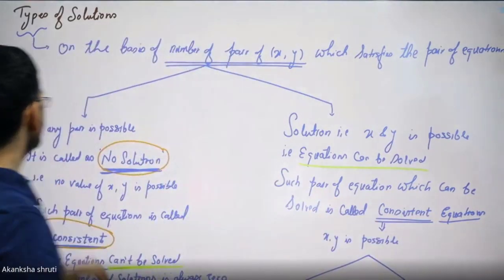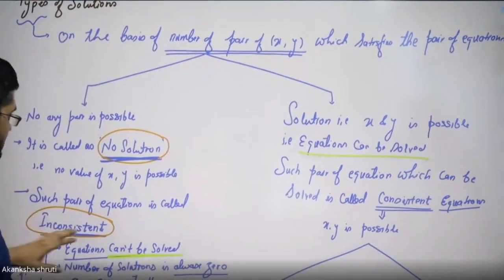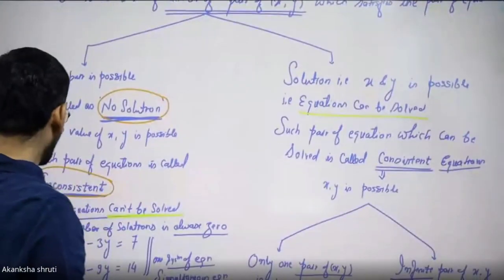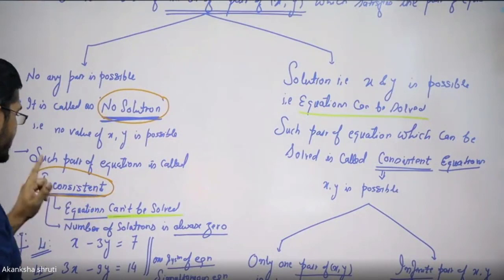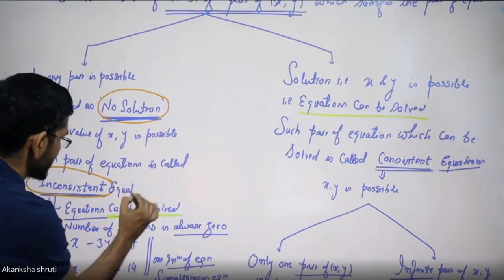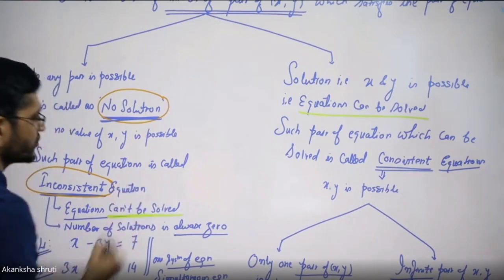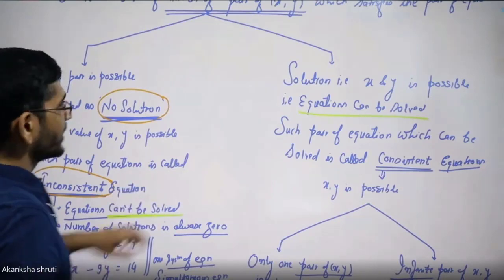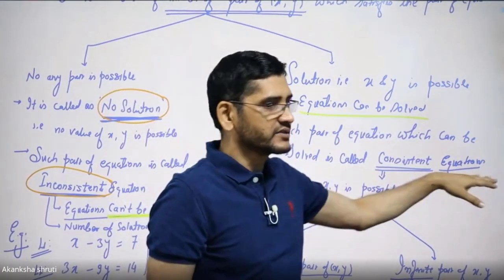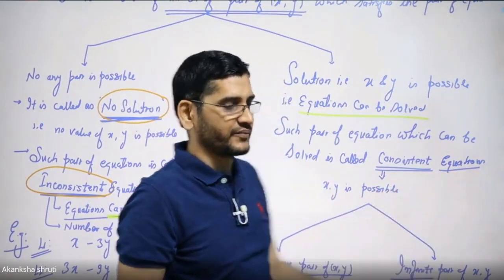If no such pair of x and y is possible, it is called no solution, and the system of equations is called an inconsistent system of equations. But if the solution is possible, it is called a consistent system of equations.